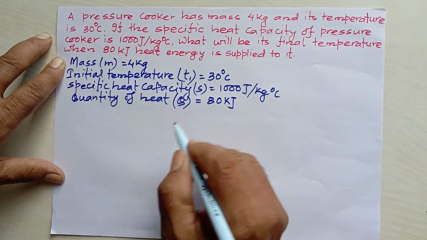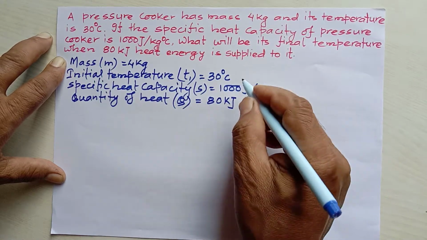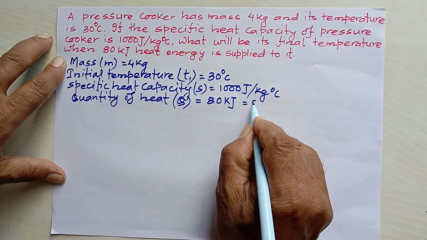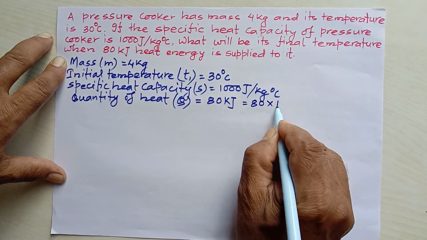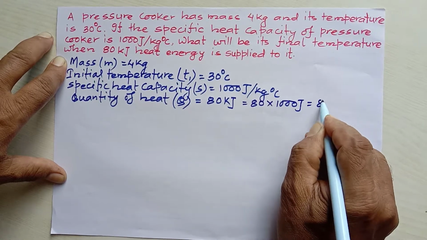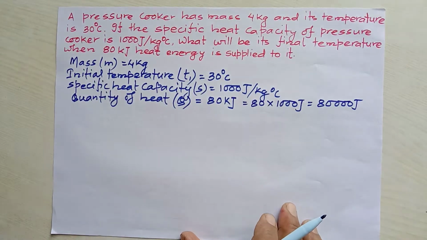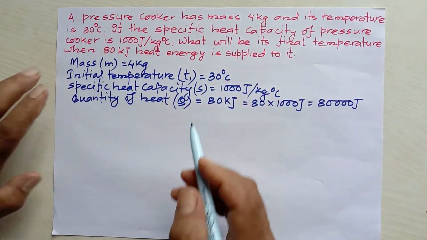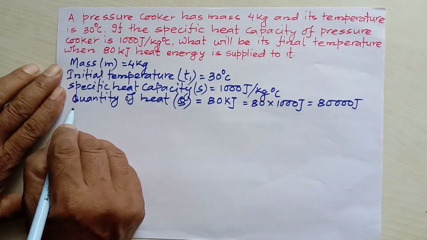But we have to use the SI unit, or we will use the joule unit. That's why 80 kilojoule can be converted into joule by multiplying it with 1000. This is equal to 80,000 joule. Now it is time to write the question. What will be its final temperature?